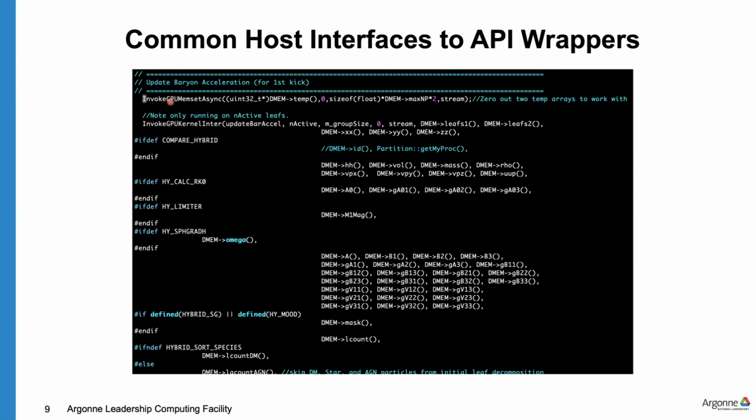We have a wrapper for invoking the GPU kernel and things like doing GPU mem sets, mem copies. All these things have wrappers for the individual programming models. Here what we're doing is invoking a kernel and basically calling a device function with all of the parameters needed by that function.